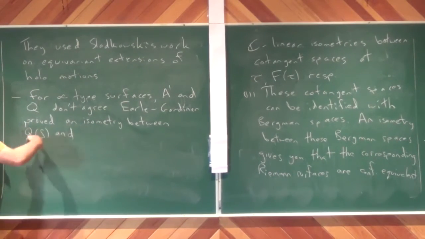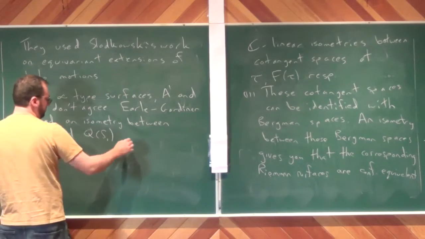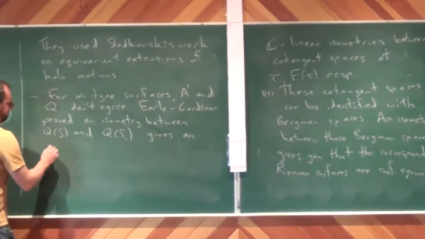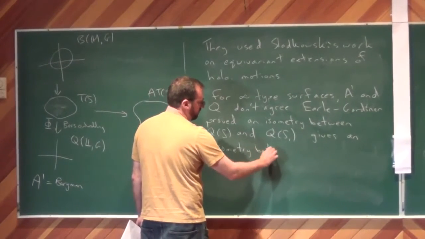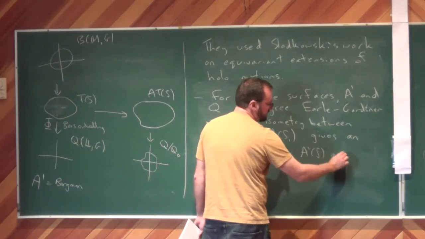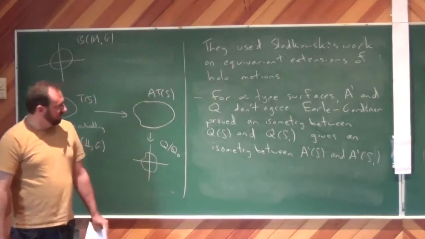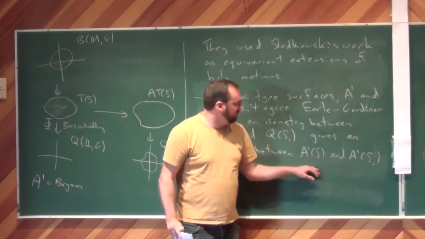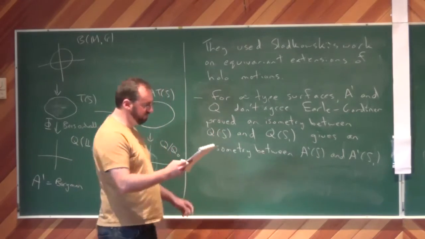So all the complex linear isometries between Q of S and Q of S1 give an isometry between the corresponding Bergman spaces. And it turns out that it's easier to deal with complex linear isometries on the Bergman spaces than on the Q spaces, so that's why we're doing this stuff.